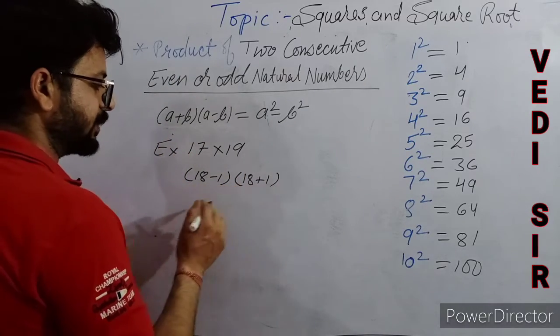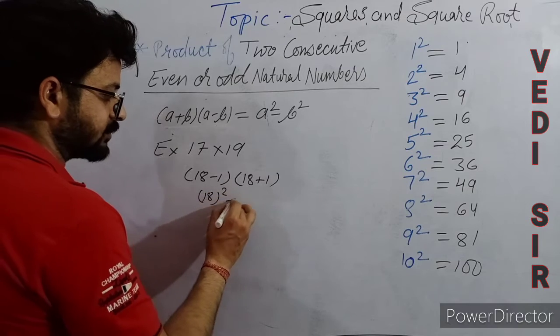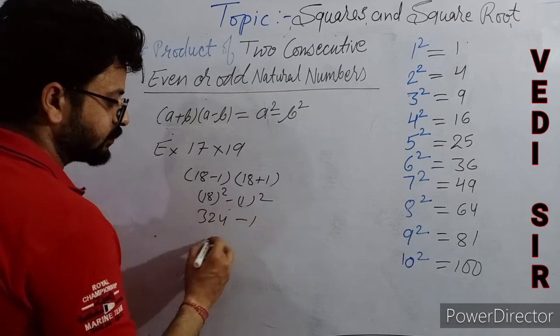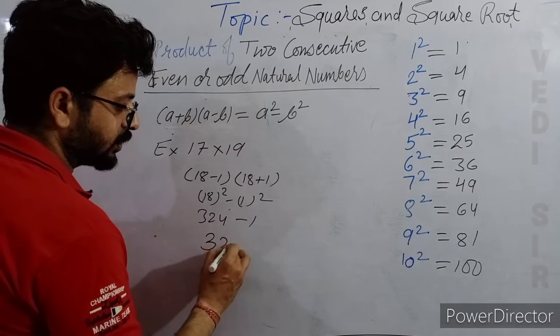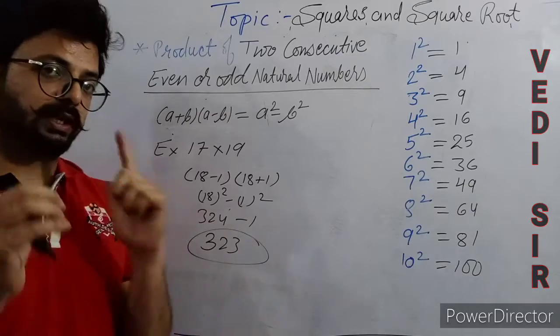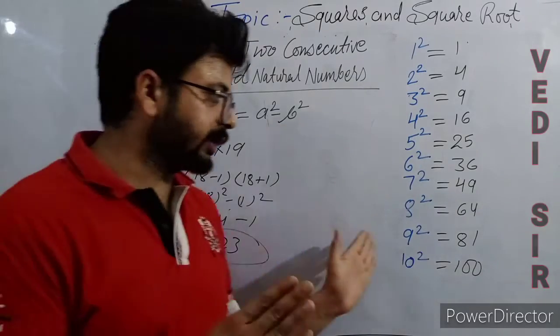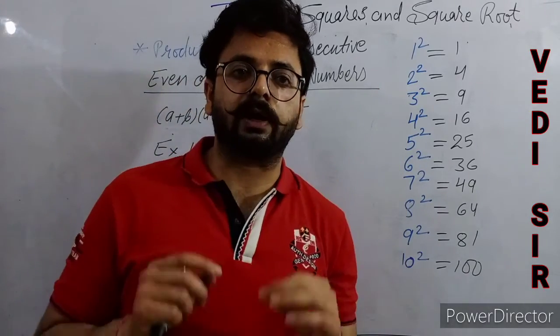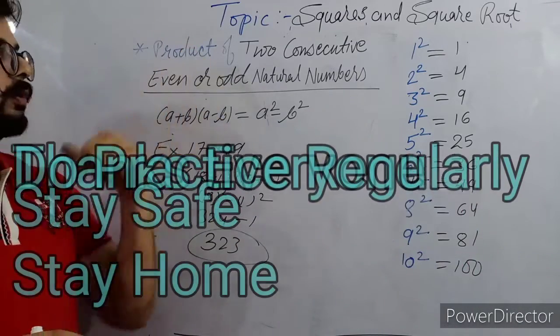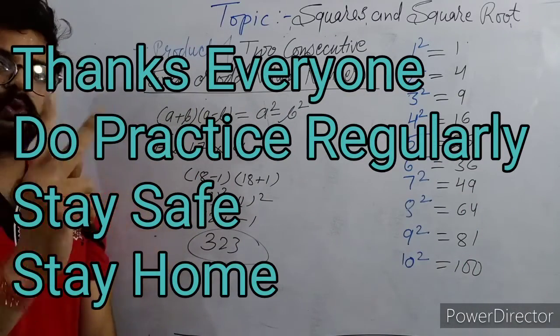So square of 18 minus 1 square: 324 minus 1, 323. See, like this you can reduce your calculation, and I already told you to keep squares up to 20 in your mind directly. Note this down, another topic, and two examples.